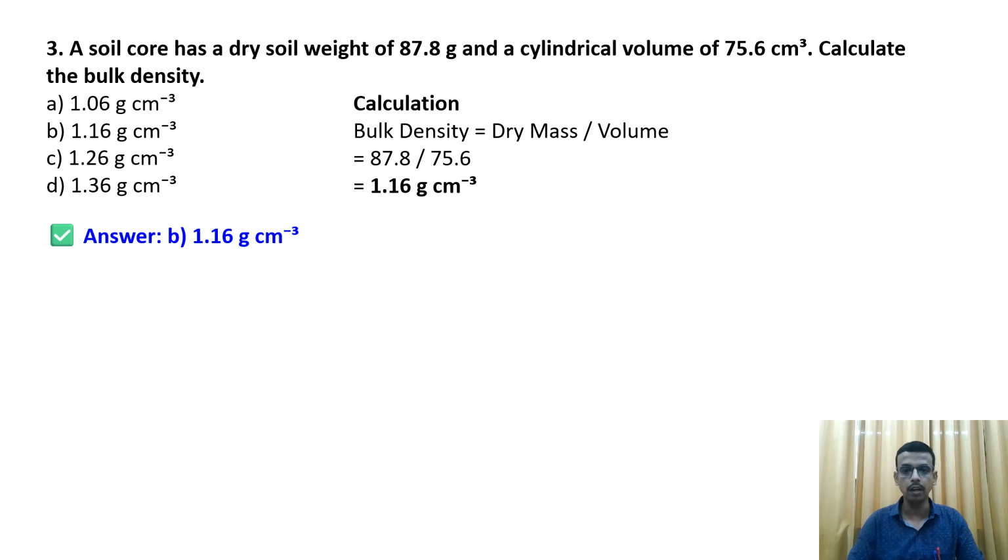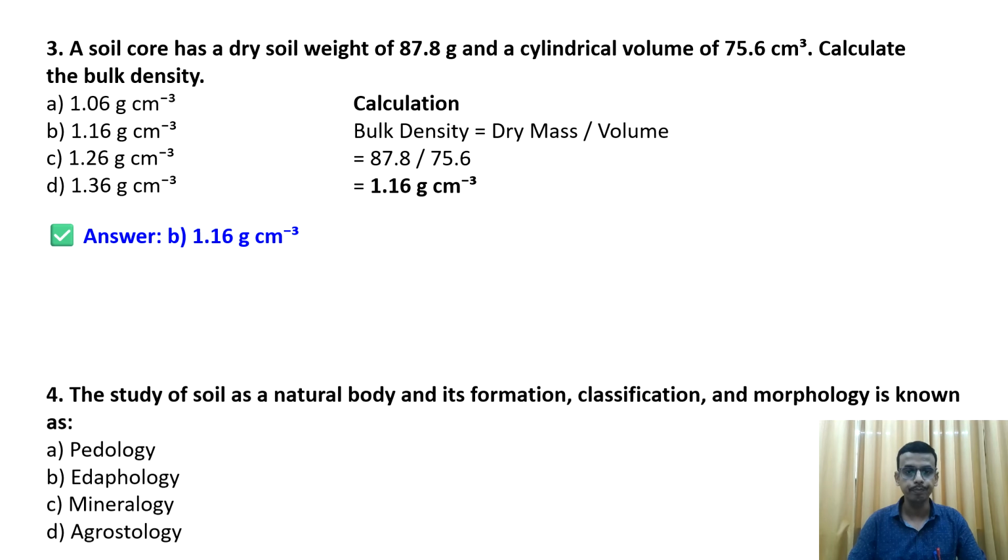Do not take the fractions for the calculation. Take 87.8 as 88 and 75.6 as 76. Both are divisible by 4, so 88 divided by 4 and 76 divided by 4. So the bulk density will come to 1.16 gram per cc.